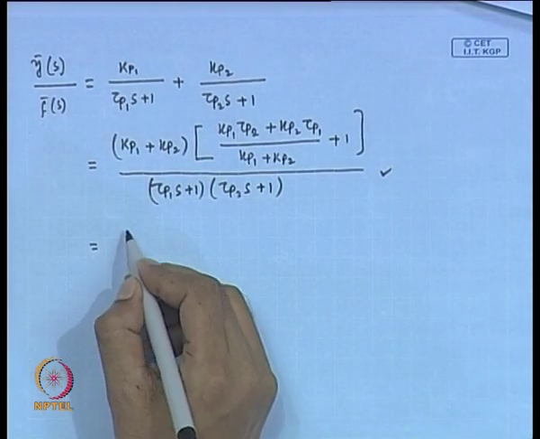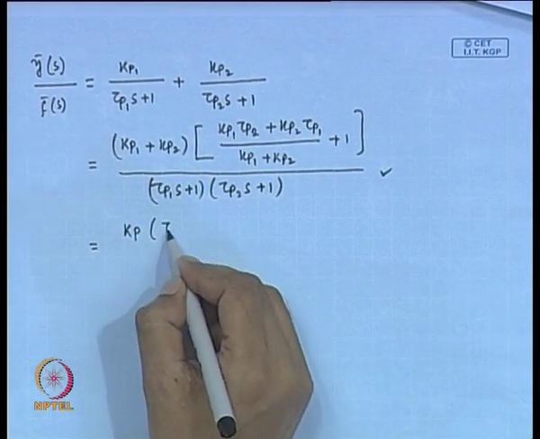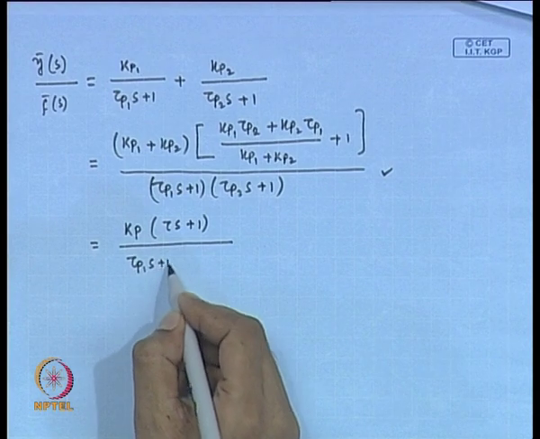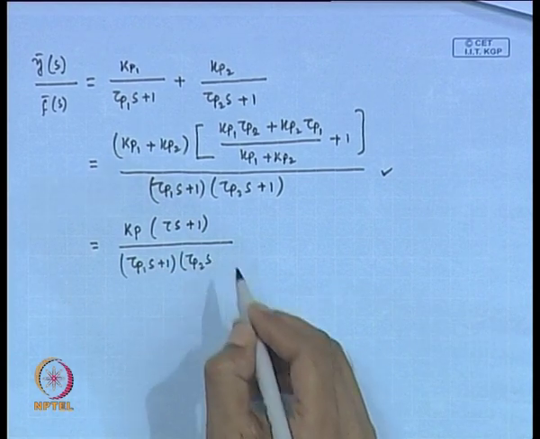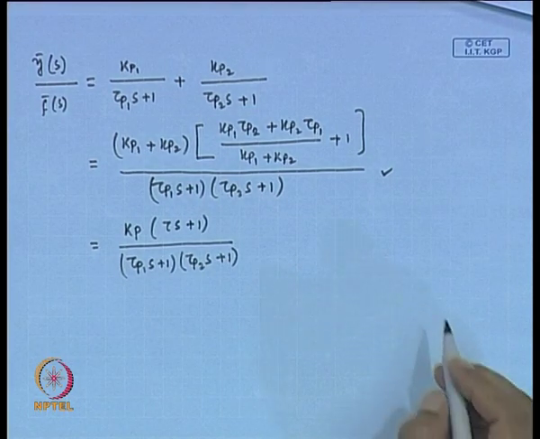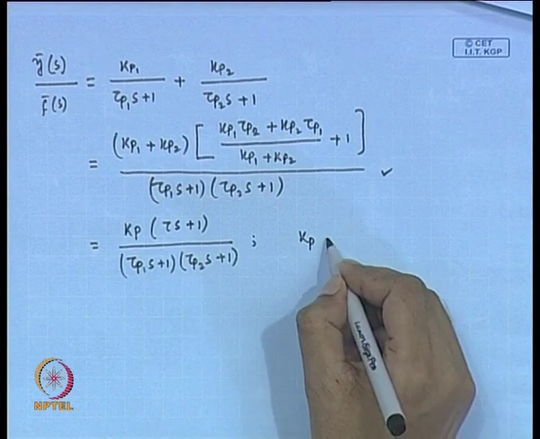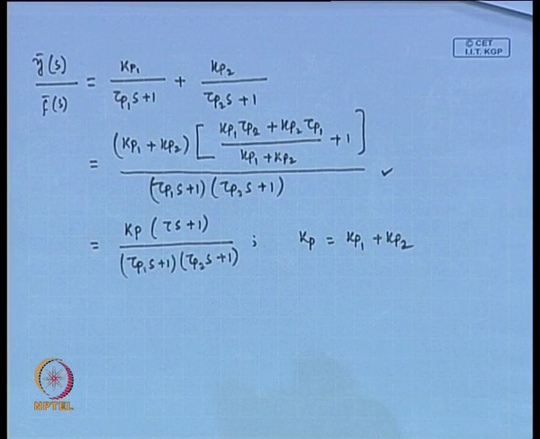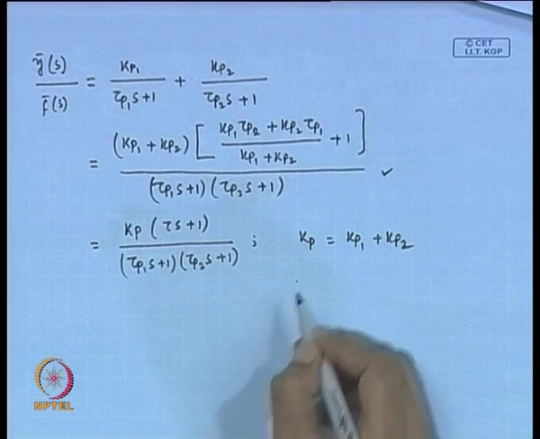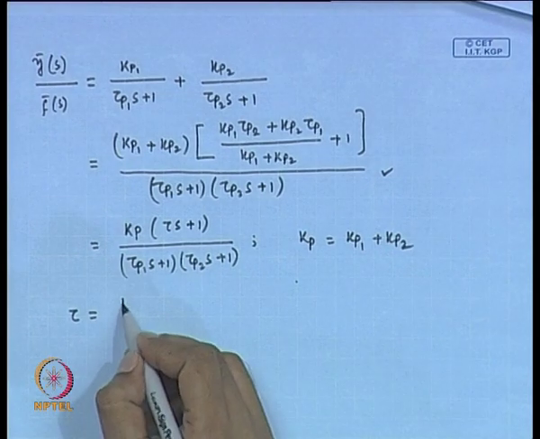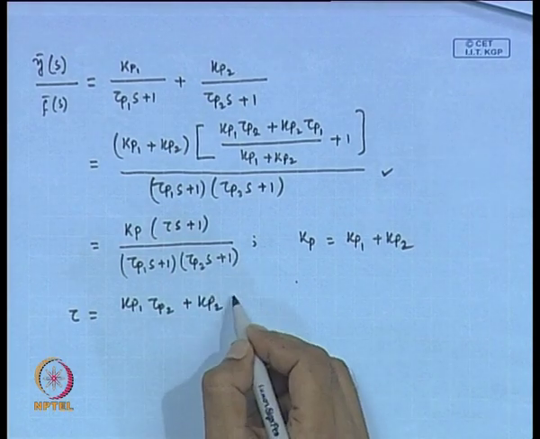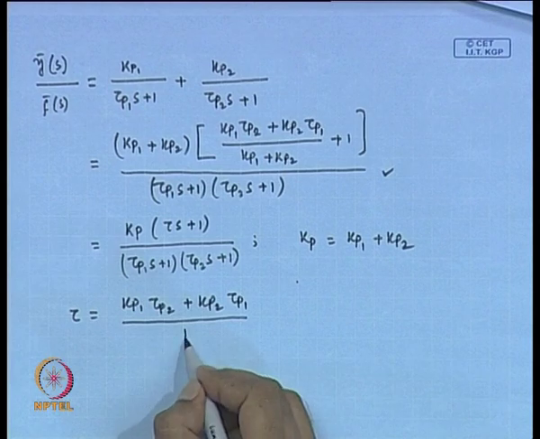Now, we can represent this again as kp multiplied by (tau s plus 1) divided by (tau p1 s plus 1) multiplied by (tau p2 s plus 1), where kp is kp1 plus kp2 and tau is (kp1 tau p2 plus kp2 tau p1) divided by kp.